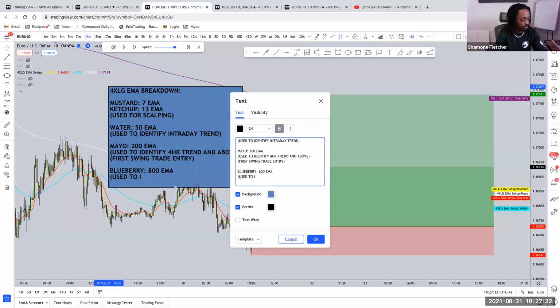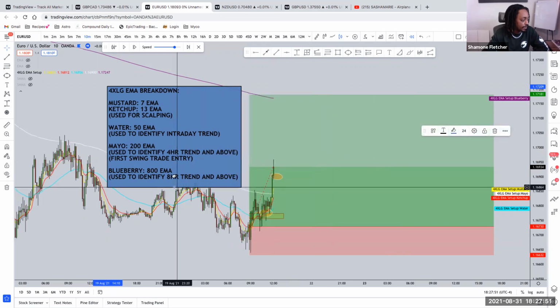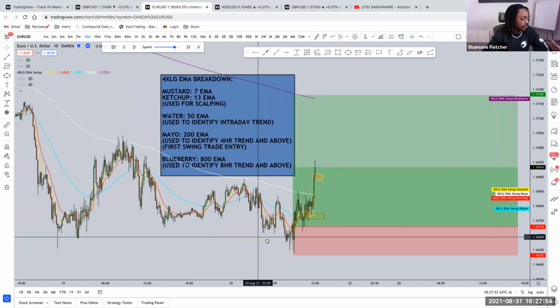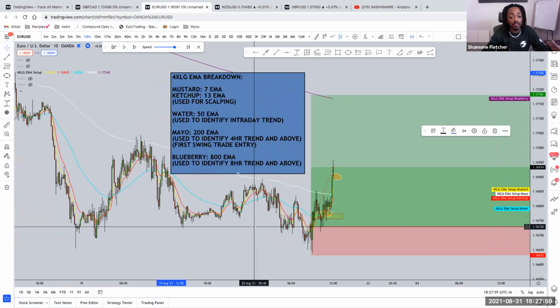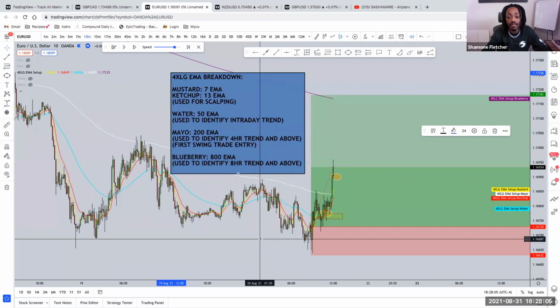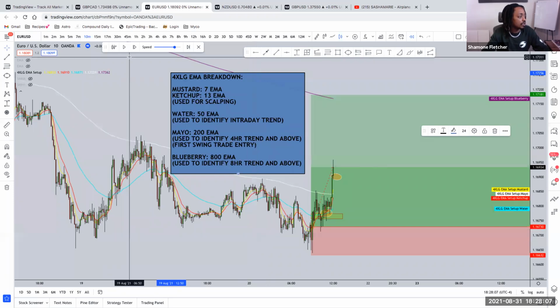It is used to identify the 8-hour trend and above. And I want you to understand and realize we are able to see this all from one single time frame. All from one time frame. Do we know what is going on across multiple? So let's check.